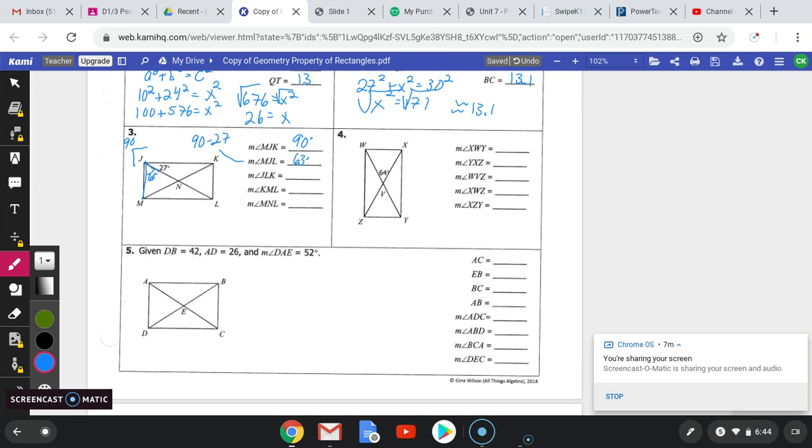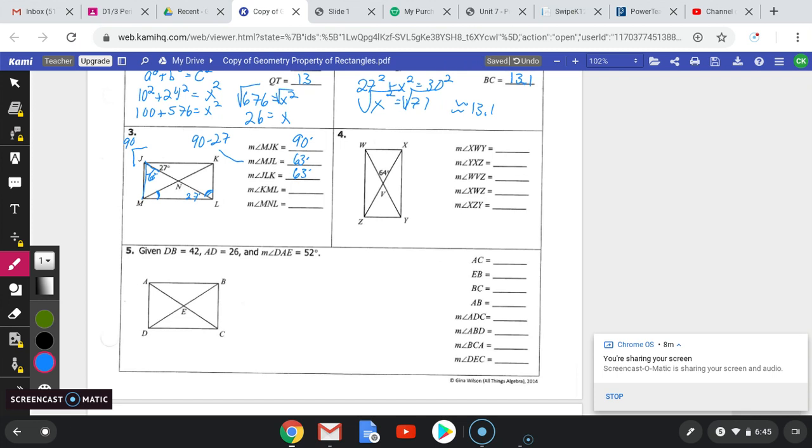Let's see, JLK, which is right here. Well, we still have the alternate interior angles we talked about, so that is also 63 degrees. KML. Now, if I look at KML, you might be thinking, well, I know this is 27 right here because of alternate interior angles, but how am I supposed to figure out the other one?